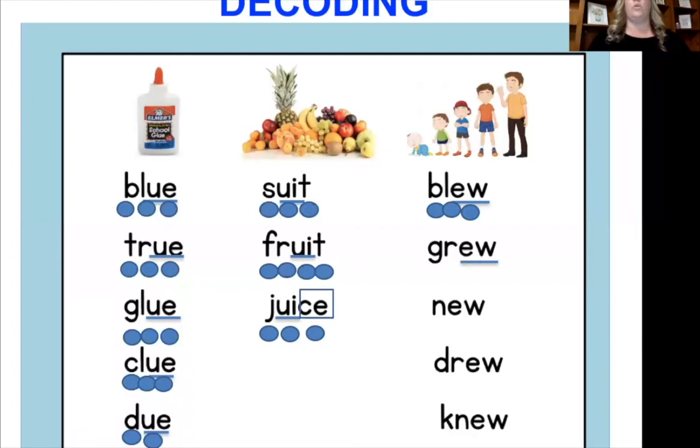EW, oo, g, r, oo. Grew. Identify the vowel team. It is EW. Ooh, new. As in, I got a new toy. Look at the next word. Identify the vowel team. Ooh.